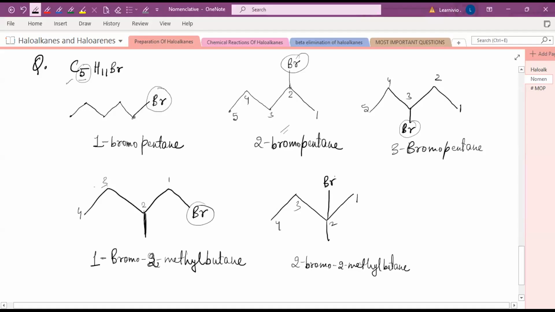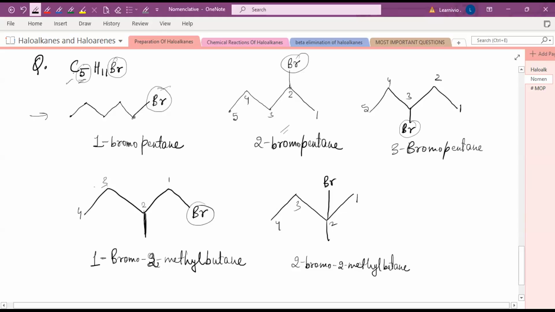Okay, so you have to shift this bromine, right? Again, I'm just explaining it to you. First, try to make the carbon 5, a 5 carbon straight chain. And try to change the position of the halogen, this bromine group. Accordingly, you got the 3 isomeric forms.